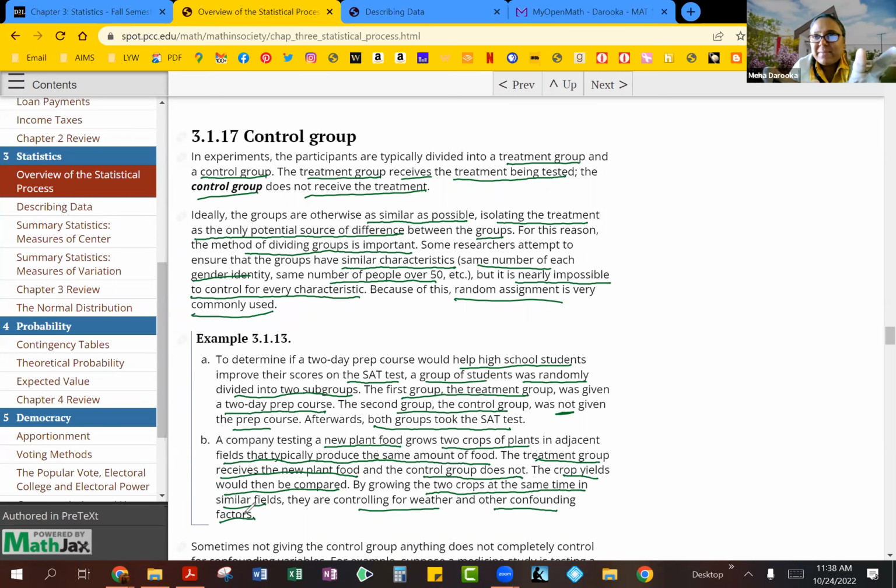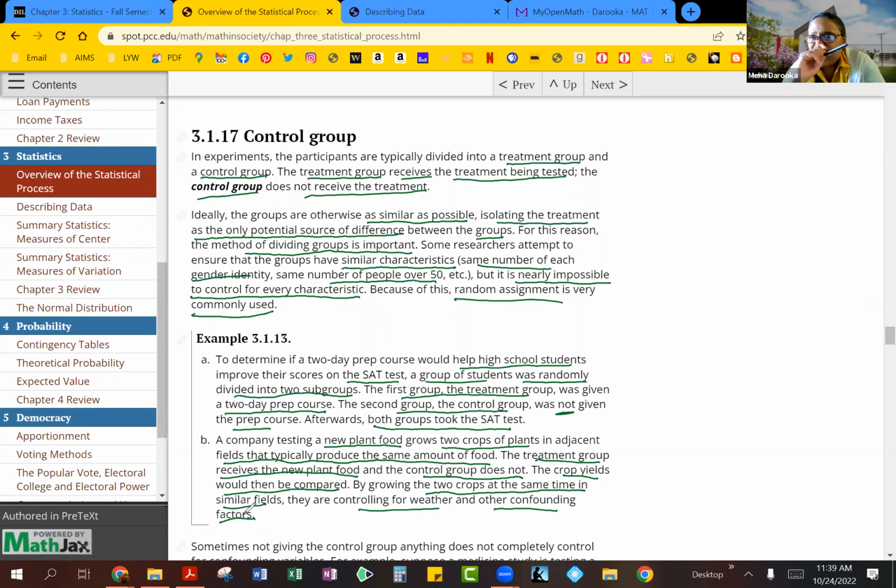So growing them at the same time in similar kinds of fields where they produce the same amount of food, but then in your treatment group, you give them the new plant food and the other one does not. And then you compare the yields between the 2 fields and you see, okay, did the new plant food give me more outcome? Did I have a better yield from that group or not?